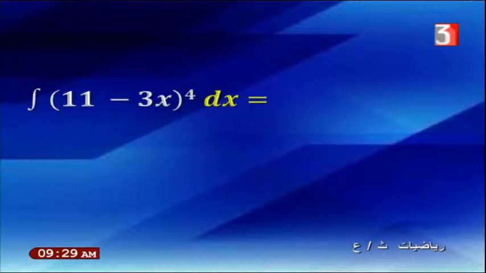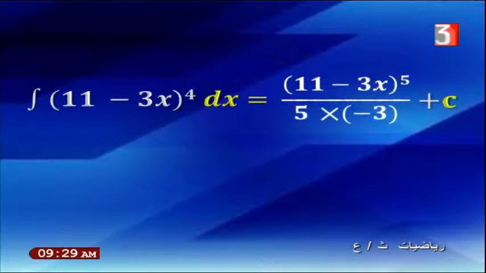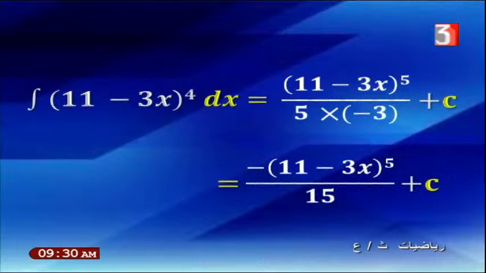Then we add 1 to the power: (11 minus 3x) all to the power 4 plus 1, which is 5, over the new power 5, multiplied by the coefficient of x, which is negative 3, plus the constant c. And we can write this result as negative (11 minus 3x) between two brackets all to the power 5 over 11 plus the constant c.